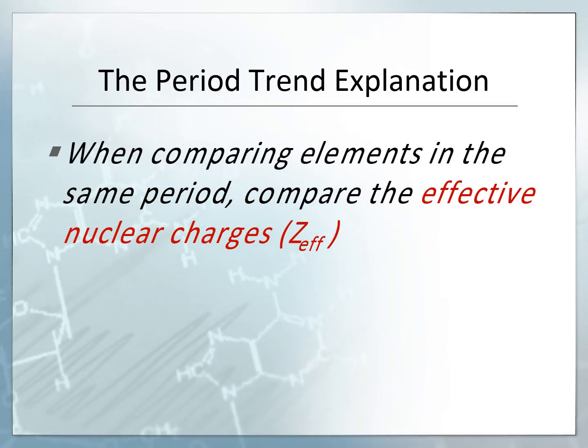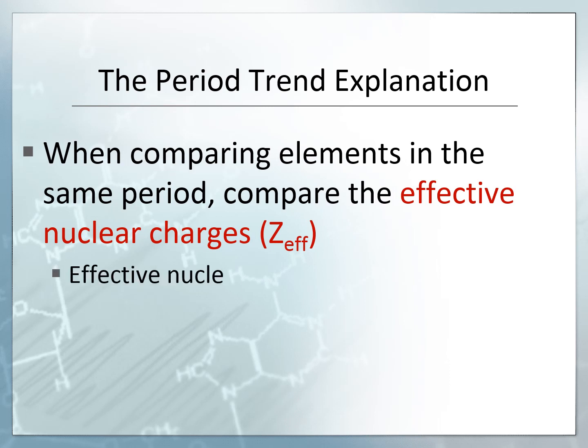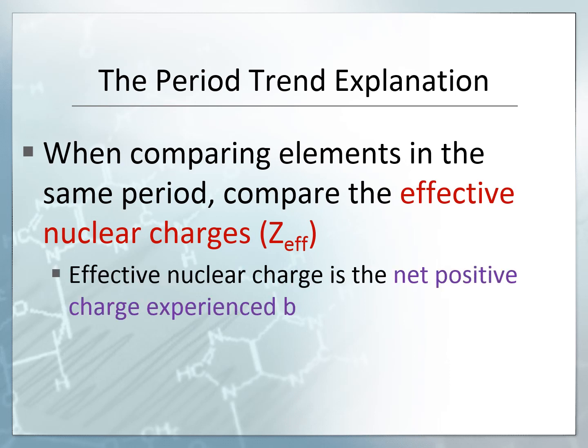Period trend explanation. In order to explain periodicity, you should understand the main important factor. There are two trends. The first one is explanation across the period, and the second one is explanation regarding down the group.